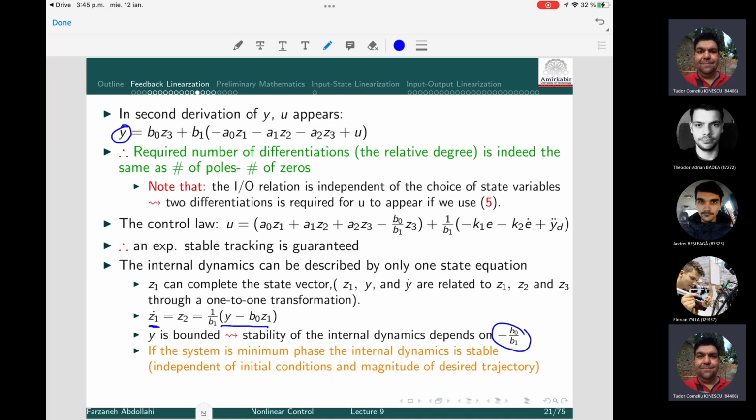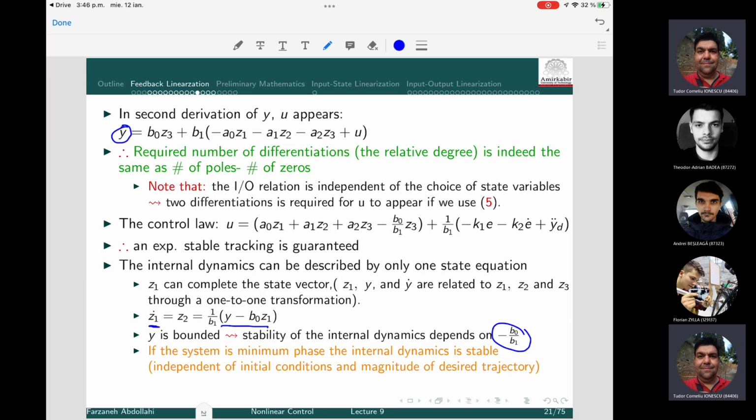If the system is minimum phase, it says here, the internal dynamics is also stable, independent of the initial conditions and magnitude of the desired trajectory. That's why we do use this. You remember we have been discussing this minimum phase. Why does it say that?